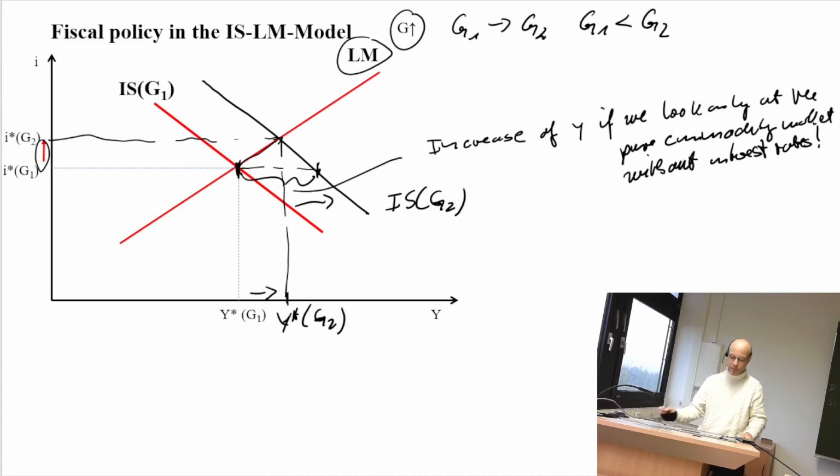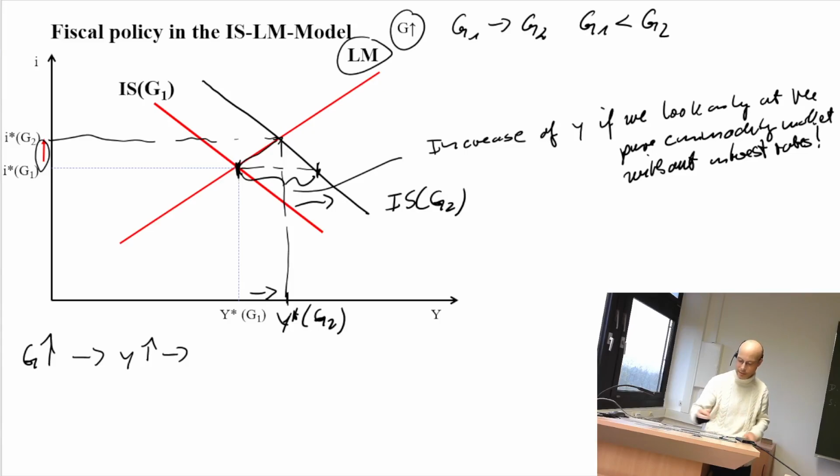And qualitatively, we could say that if G increases, then of course this directly happens, like we discussed it in our standard fiscal multiplier. This directly increases Y. But this increases also now in our money market.